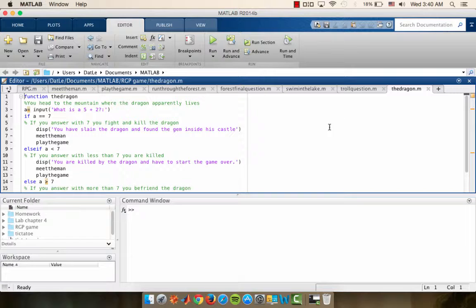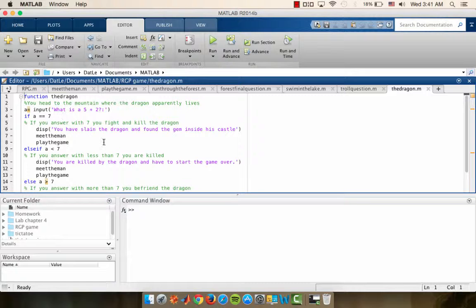Last, for the third choice, you go to the dragon. The dragon lives in the mountain, and he'll ask you a simple question. If you get the right answer, you kill the dragon and get the gem. If you get less than the right answer, the dragon kills you, and you have to start over from Meet the Man.